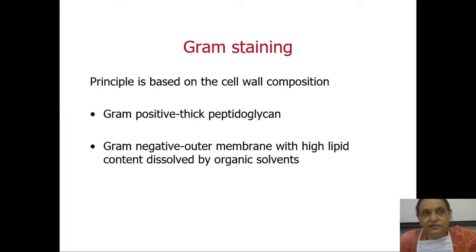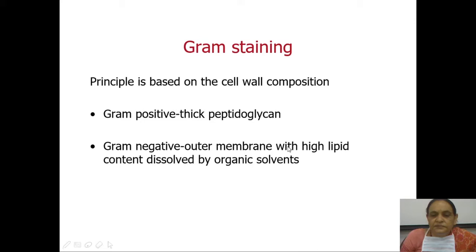So this is based on the cell wall composition, and there are many theories, but most important for you to remember is that it is the thick peptidoglycan in gram positive and the outer membrane layer which has a high lipid content, which is responsible for gram negativity.